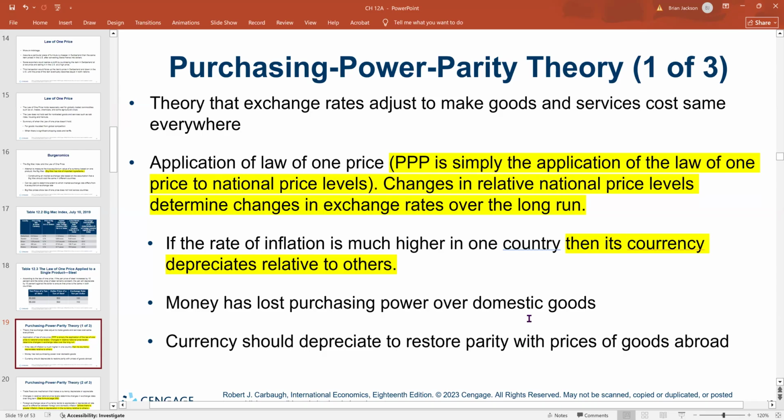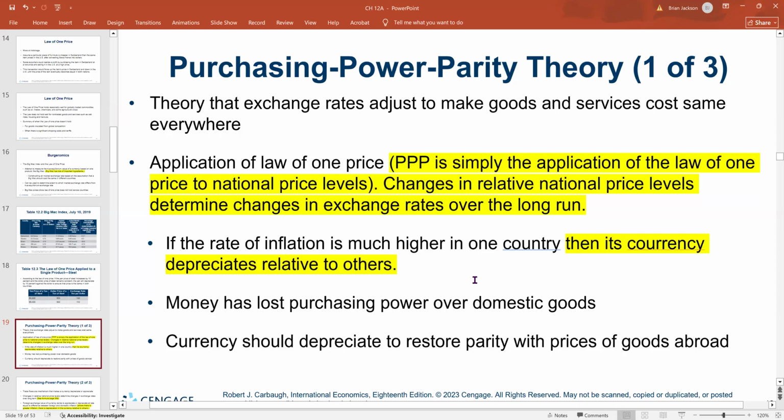So the thing is, you're always going to be trying to adjust to the law of one price. If you have inflation that occurs in one country but not in another, then the exchange rates have to adjust so that at some point, say after a year's time, if you take that basket of goods and price them in a common currency, you should get the same price.